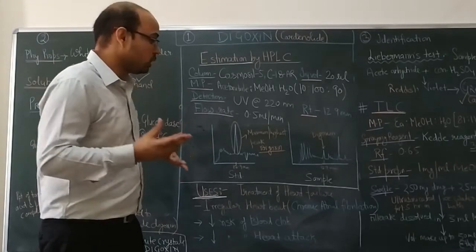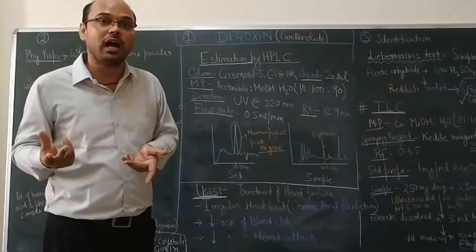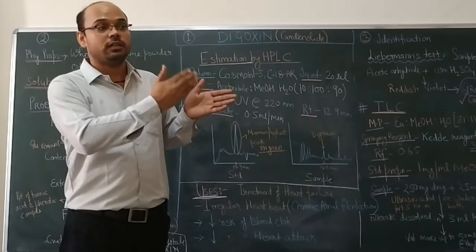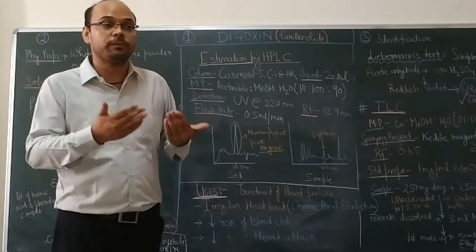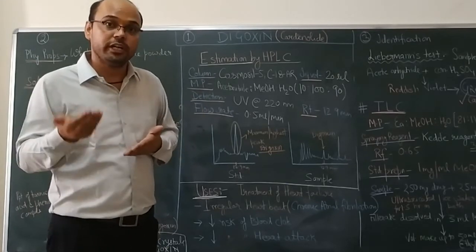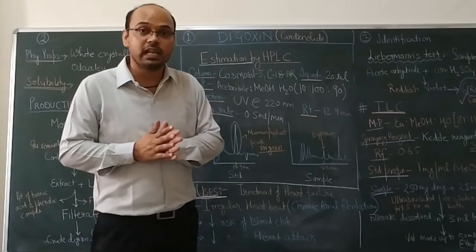It is used for the correction of irregular heartbeats in patients who have irregular heartbeats at different times, for maintenance of their heartbeat. It is also called chronic atrial fibrillation.